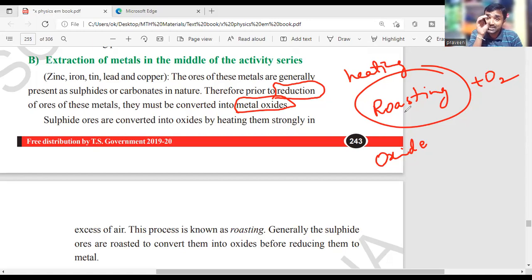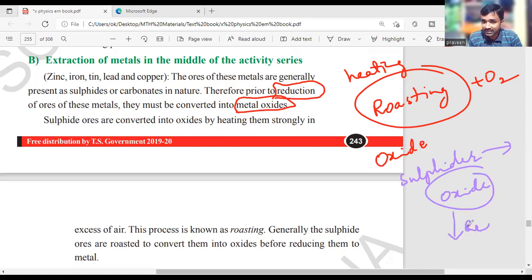So the ore gets heated in the presence of oxygen. This process is called roasting. Roasting is especially helpful for sulfide ores. Sulfides are converted into oxide form, and after converting into oxide, then further reducing to get the respective metal. So roasting is a process that applies to sulfide ores.